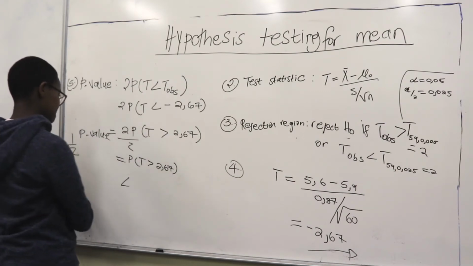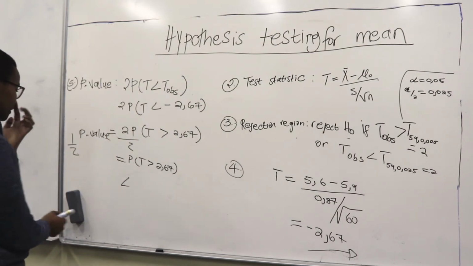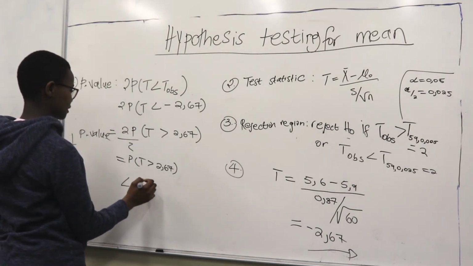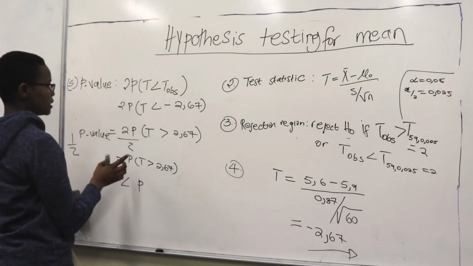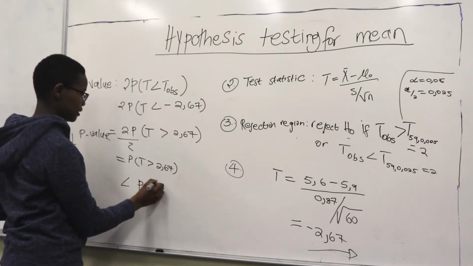What's the value? We're looking for 2.67, with 60 degrees of freedom. But it's actually going to be 59. Yeah, but you don't have 59, so it's 60.